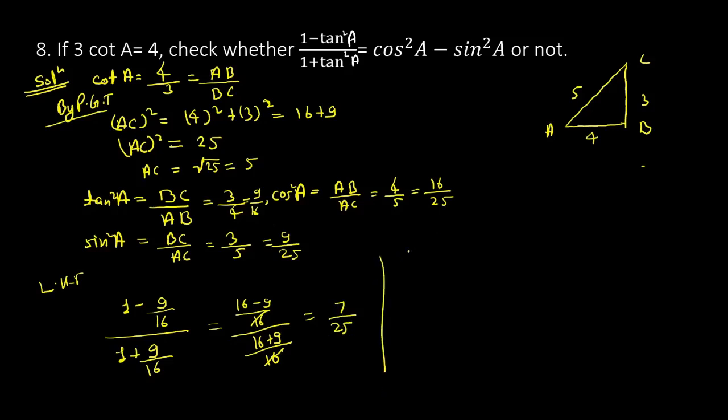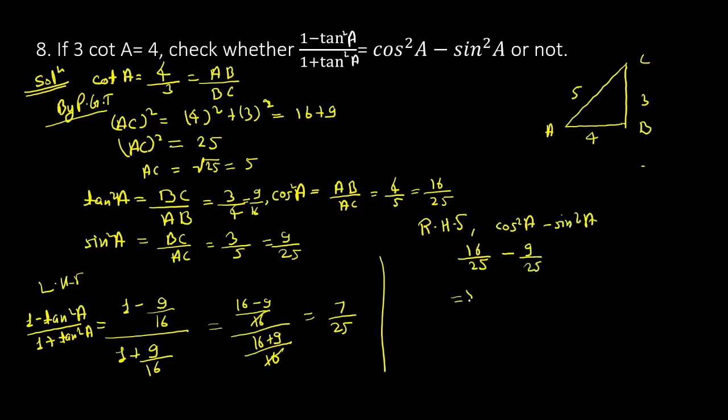Now RHS. We can write here that 1 minus tan square A upon 1 plus tan square A equals cos square A minus sin square A. The value of cos square A is 16 by 25 and sin square A is 9 by 25.